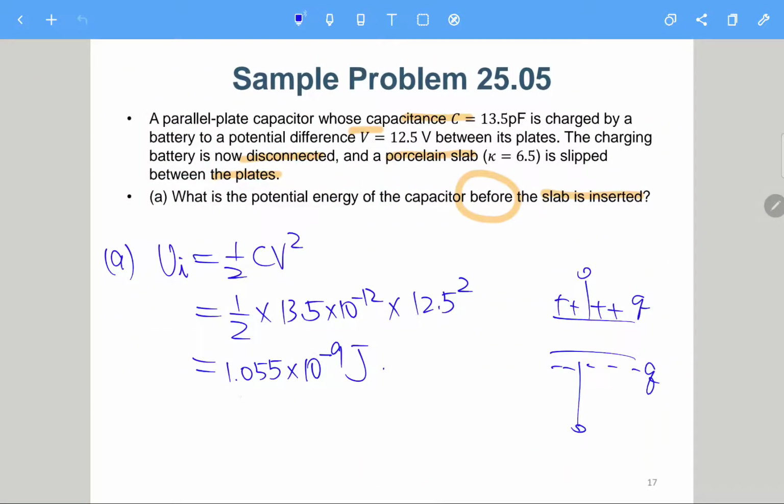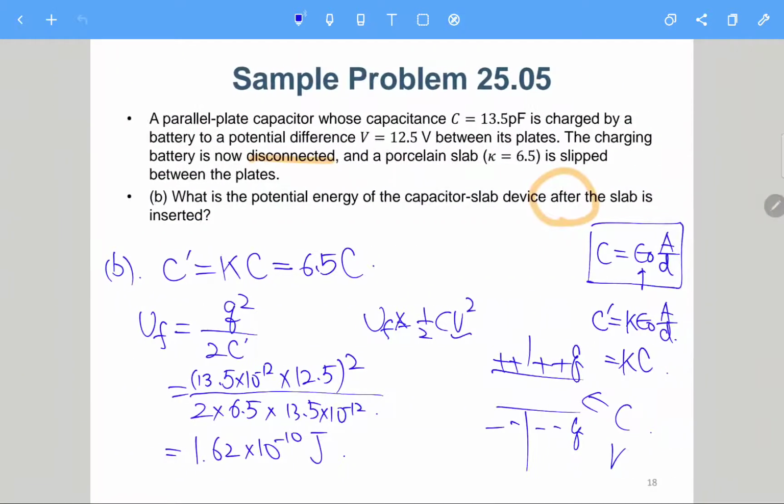So you can see that originally the potential energy is larger, 10 to minus 9. This is 10 to minus 10, so this is smaller than the previous one.